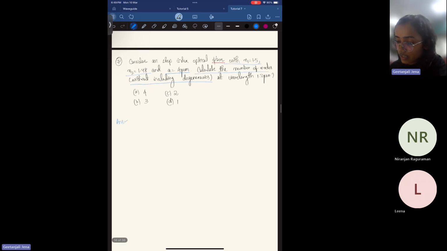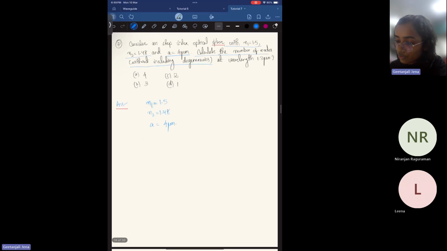So let us see. We have N1 is 1.5, N2 is 1.48, A is 4 micrometer. To calculate the number of modes, we need to find the value of the V parameter, which is 2 pi over lambda 0, A, square root of N1 square minus N2 square.